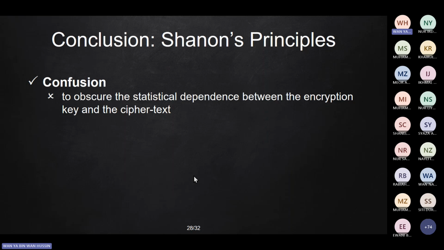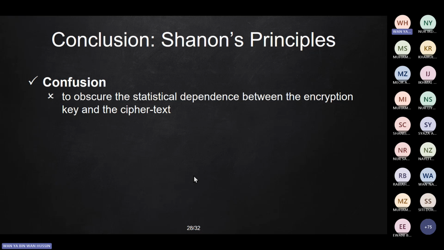So confusion is to obscure the statistical dependence between the encryption key and ciphertext. In layman's words, we try to diffuse all the relationship between key and ciphertext.